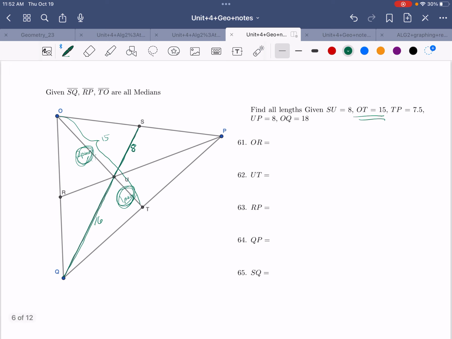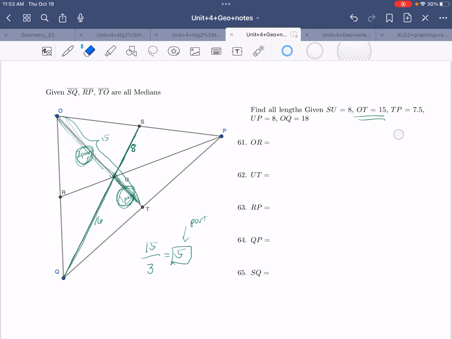So what you want to do is take 15 and divide it by 3. That'll give you 5. That's the part. Now split it up into U and T, and then say, oh, 2 parts is O to U, right? So that's how you can get those lengths.